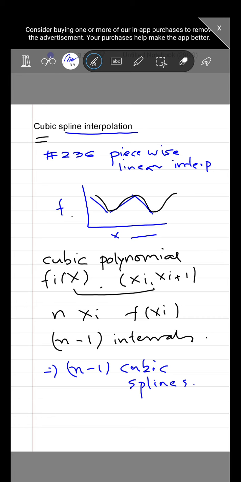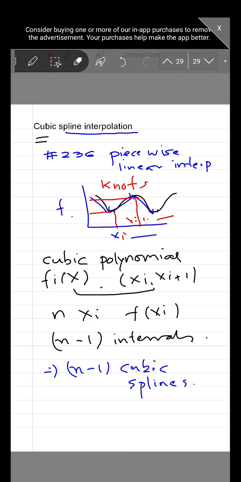The cubic polynomial is chosen such that each interior point is called a knot, and the following conditions are satisfied. So these interior points are the knots, where we are getting the values, f(x_i), f(x_{i+1}), and so on. The following conditions need to be satisfied for the cubic polynomial fit.